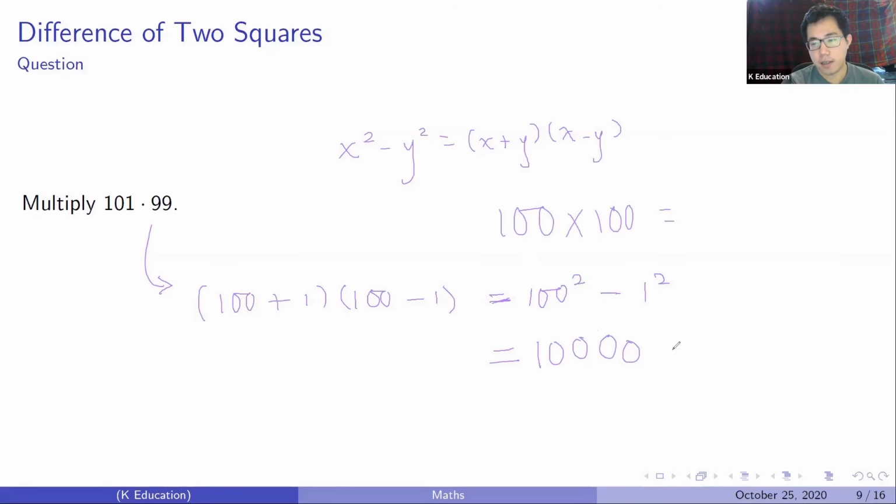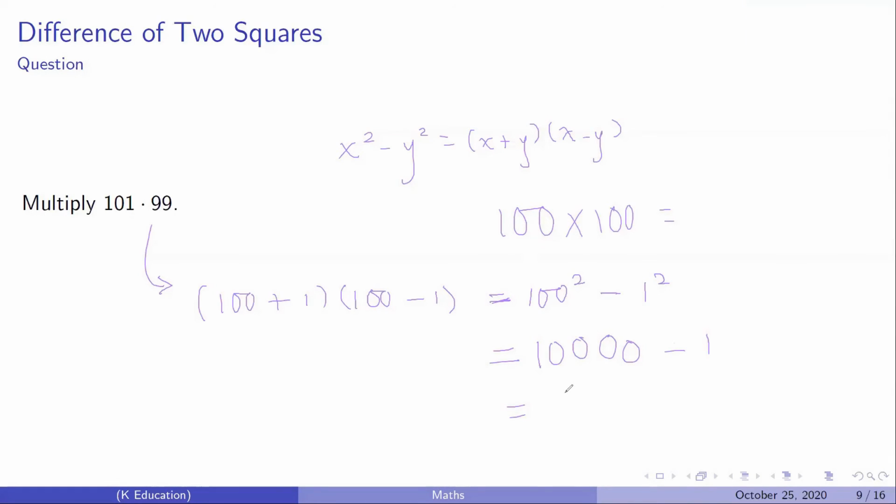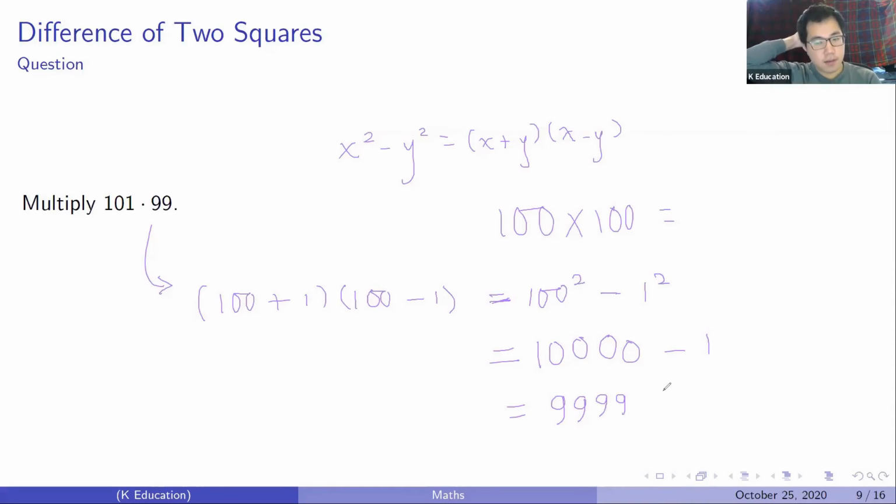And then minus 1, so what's your answer? 9,999. 4 nines, yeah. Cool. So this is an application of difference of two squares, and again, once you get used to the formula, you can do this in your head, no problem.